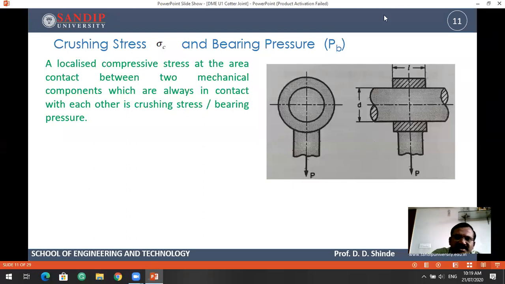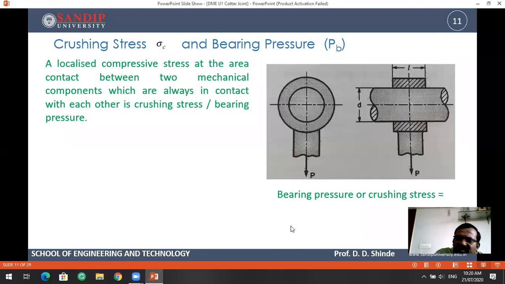So a localized compressive stress at the area of contact between the two mechanical components. The contact is here at the upper half of the shaft and the inner half of the coupling or the hub, which are always in contact with each other, is crushing stress or bearing stress.